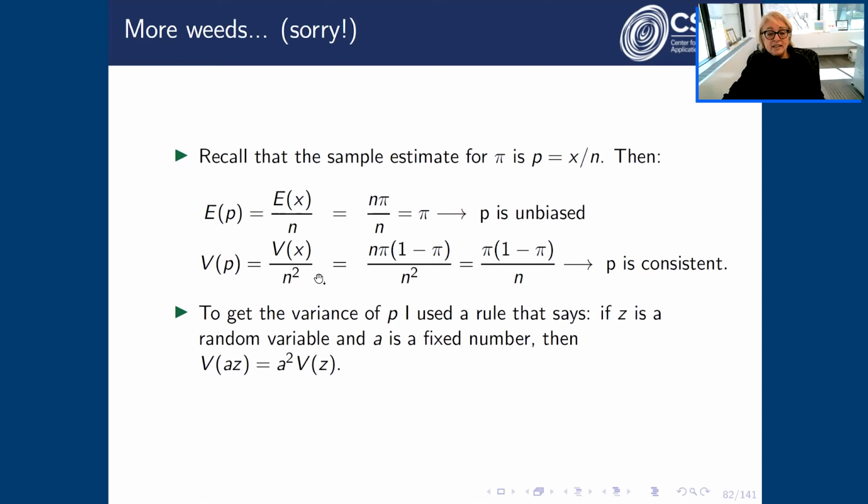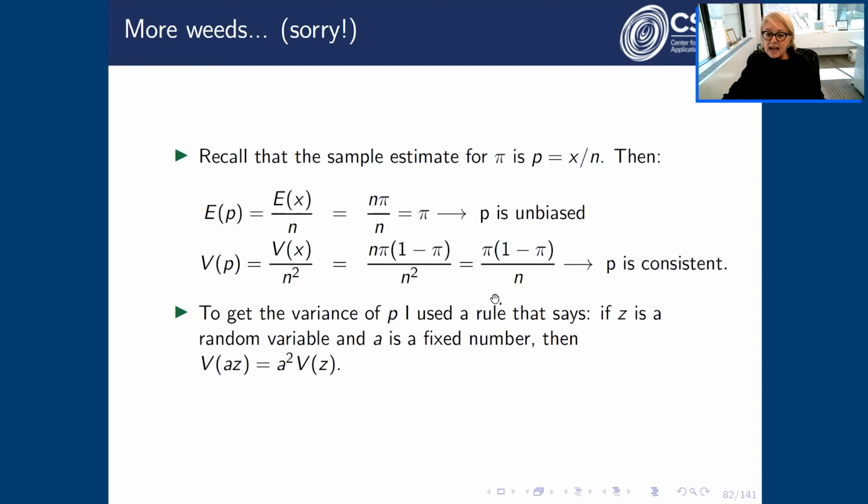Here the 1 over n is playing the role of a, and x is playing the role of z. So the variance of P is just the variance of x divided by n squared, and if you plug in, you get this expression over here.